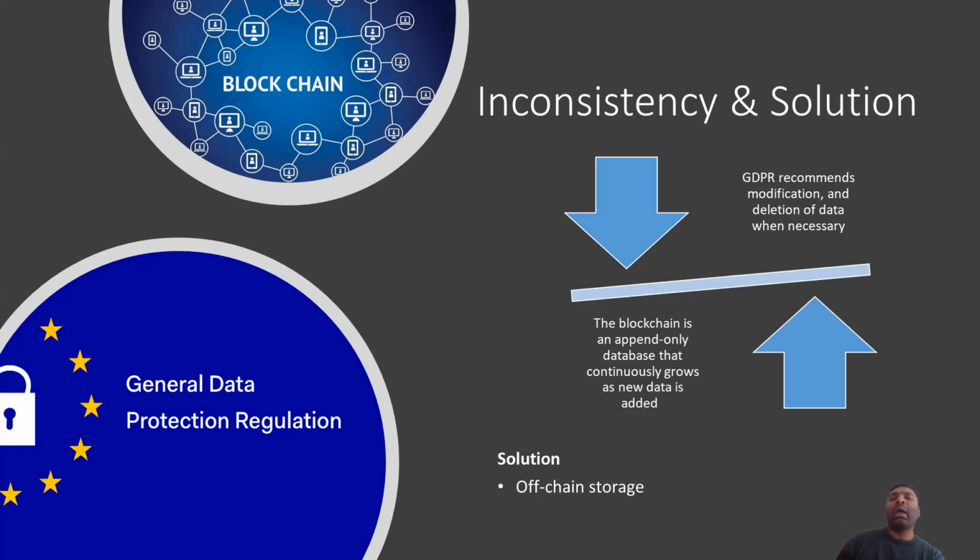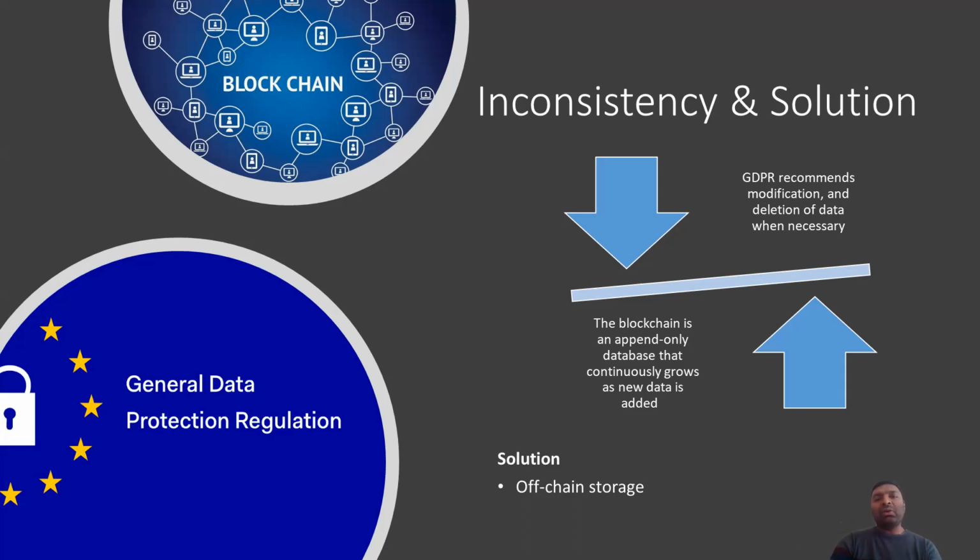And in the blockchain, you have only the hashed data, so nobody can understand it. So if some data has to be removed, you just remove the data from off-chain and cut the link between off-chain and the blockchain. So this is the solution.